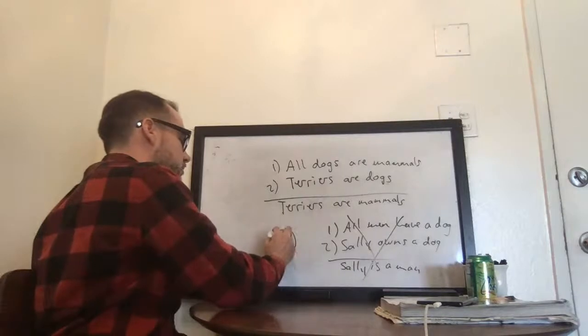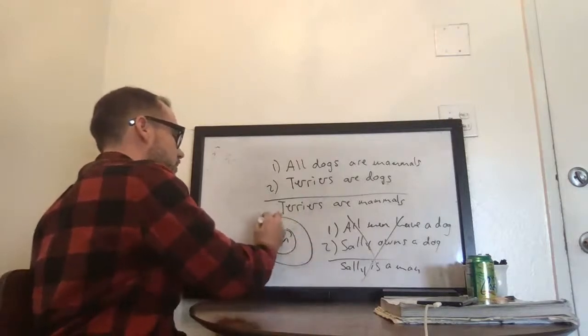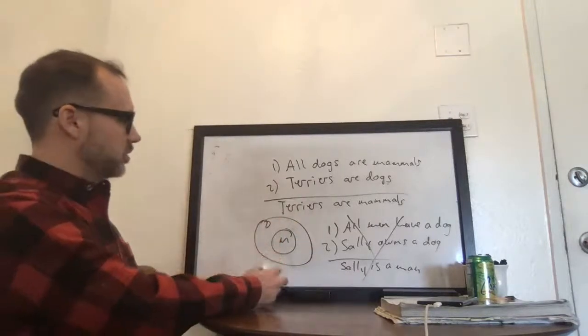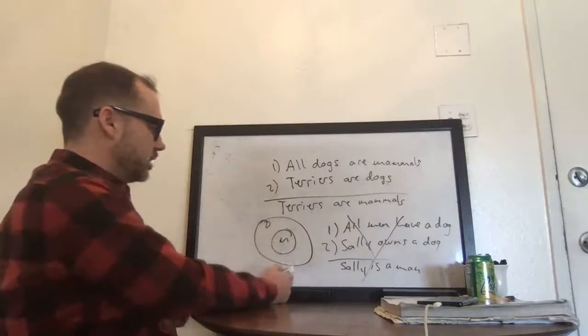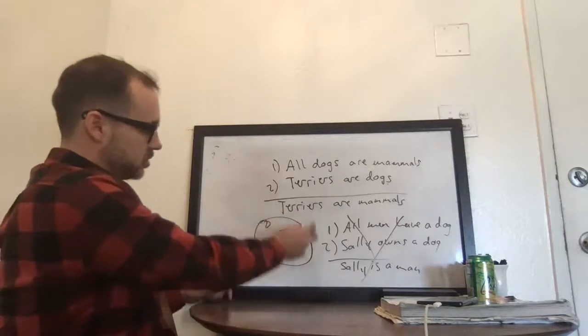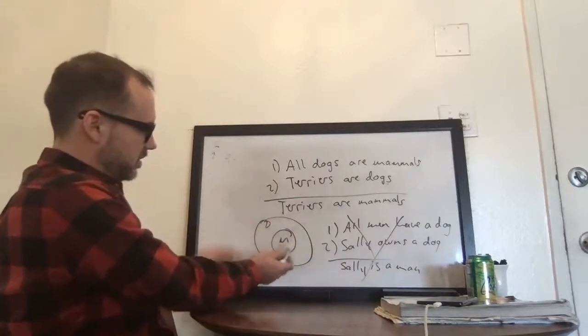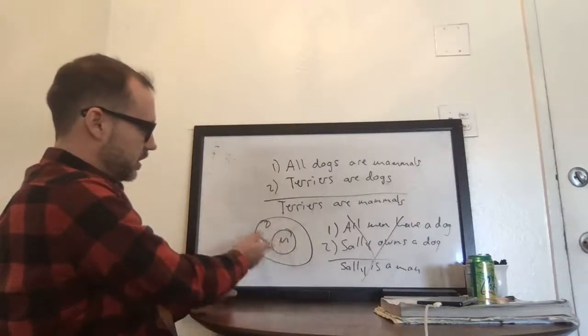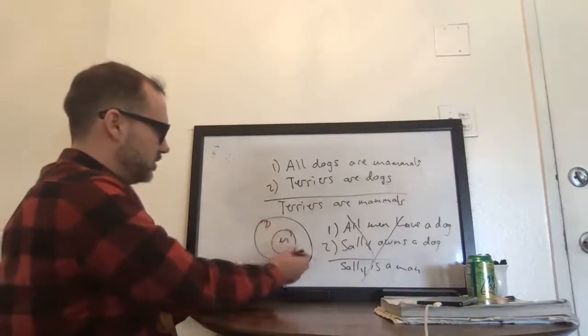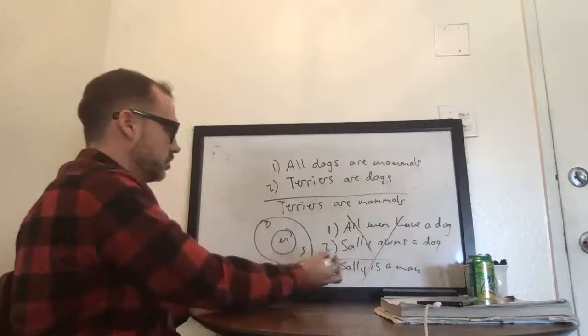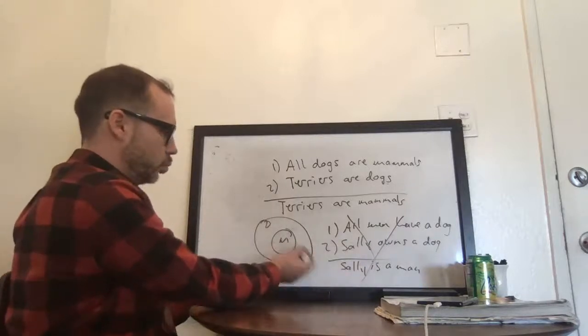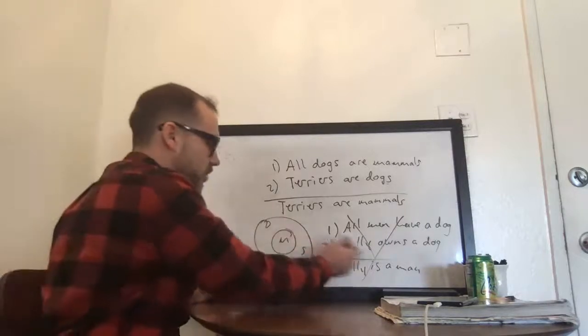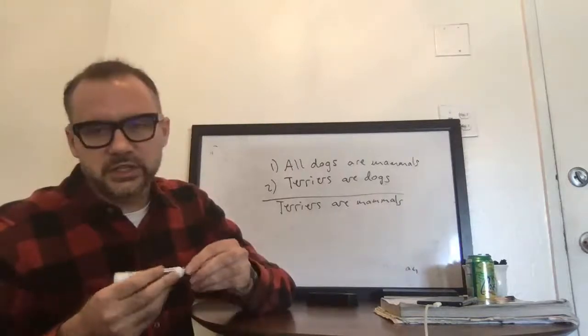So here's men, here's dog owners, D. All men own dogs. But it doesn't say only men own dogs. That's why there's an additional region of space that is outside of the circle of M and still within the realm of D. So if Sally is one of these people that's a woman that owns a dog, it doesn't follow.